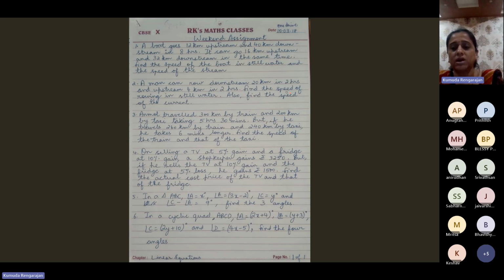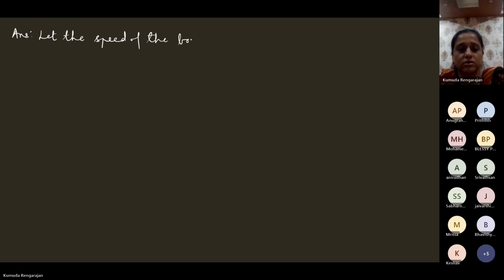So what do we mean by upstream and downstream? What is rowing the boat upstream and downstream? See here, we'll start like this. Let the speed of the boat in still water be x kilometers per hour.